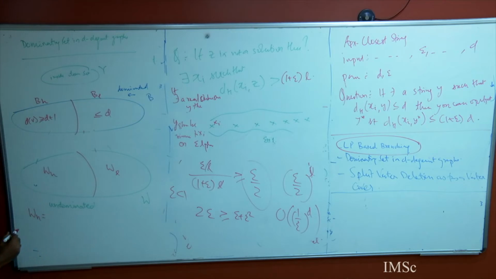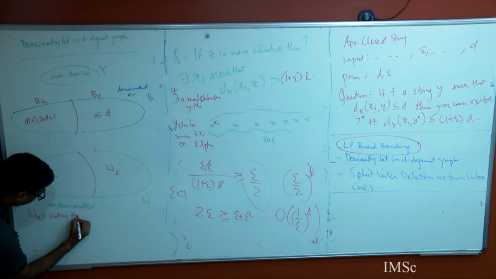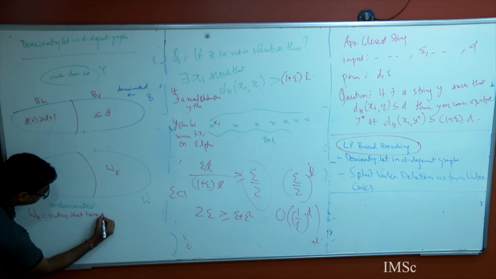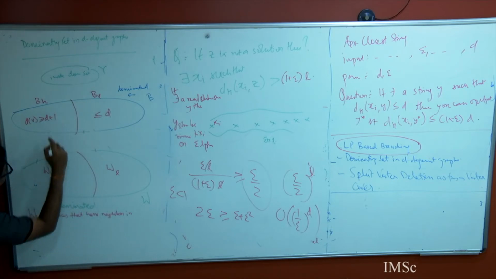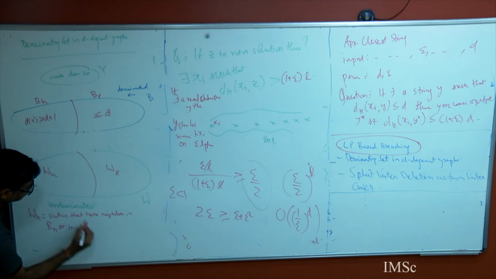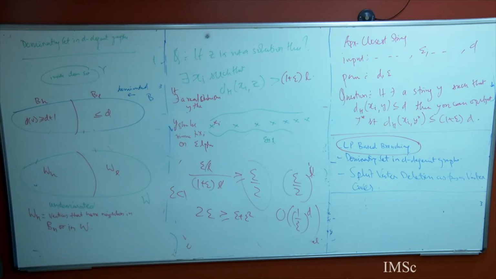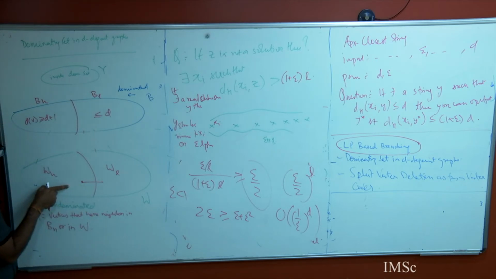This is very important: vertices that have a neighbor in BH or in W. You get my point? Maybe there is a vertex here with a neighbor, then I will put it here.